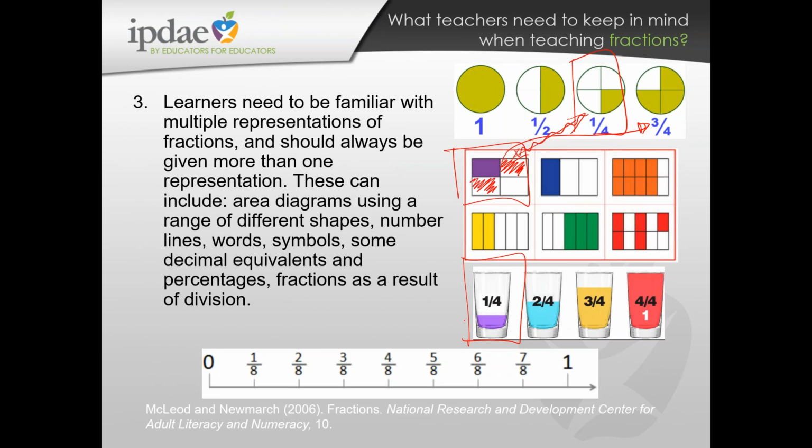And there's a lot of conversation that can be generated out of this. Students can look at this number line and see how the denominator stays the same, but as the numerator increases in value, it gets closer to 1.